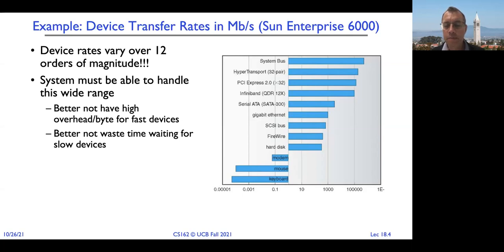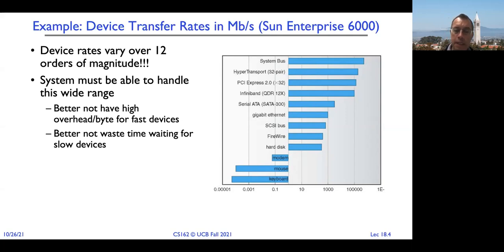If you think about the devices and only look at the speed, you have keyboards, like I mentioned, and the system bus, which runs on the machine and connects different devices in the same enclosure, like, for instance, disk storage and things like that. The difference is several orders of magnitude. So you need to provide interfaces which can cope with such a huge variation in speed.